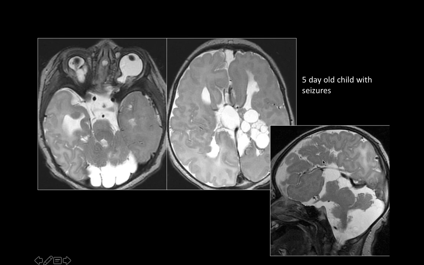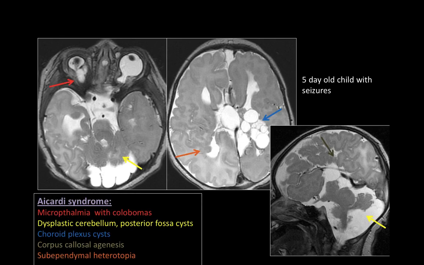Then there is complete absence of corpus callosum, multiple choroid plexus cysts. These are gray matter heterotopia, which are seen in the periventricular region on both the sides, along the left frontal horn as well as along the occipital horn on the right side. So this constellation of findings is seen in Aicardi syndrome.